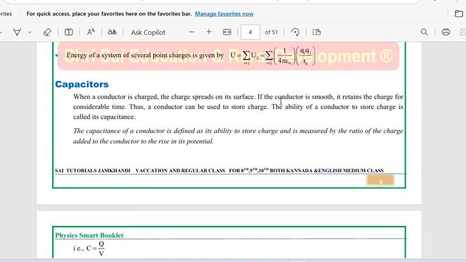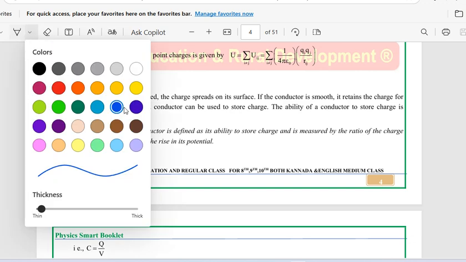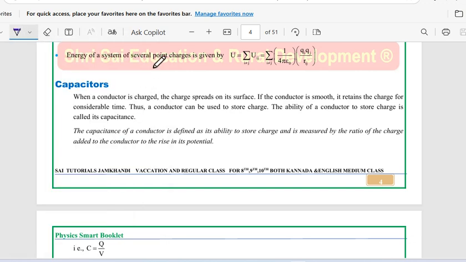Coming back to the concept, that is capacitors. What do you mean by capacitors?